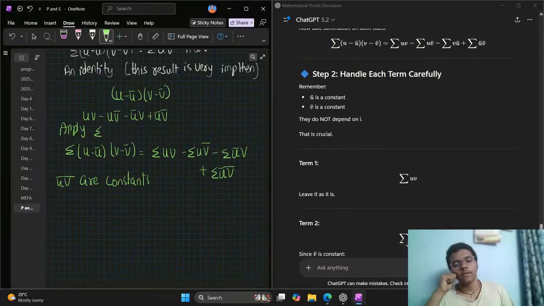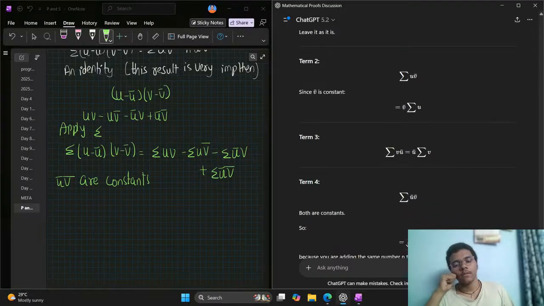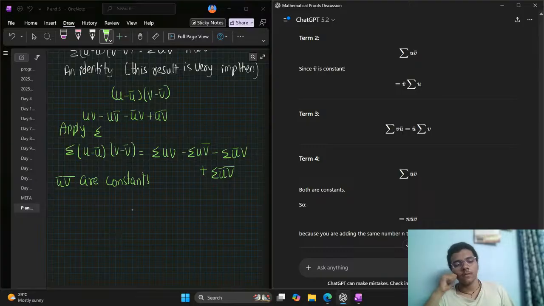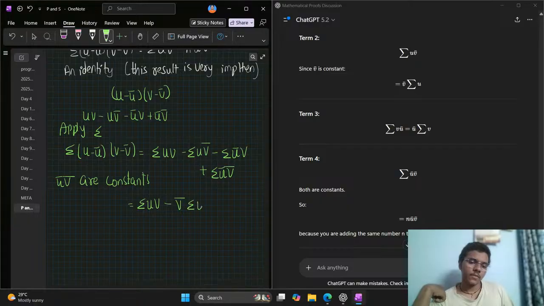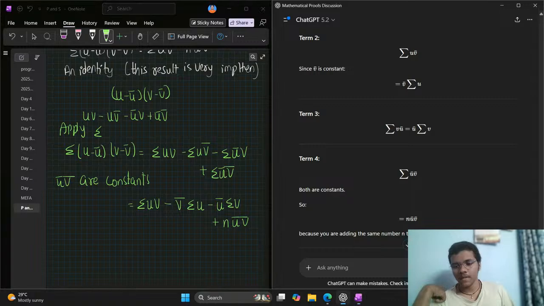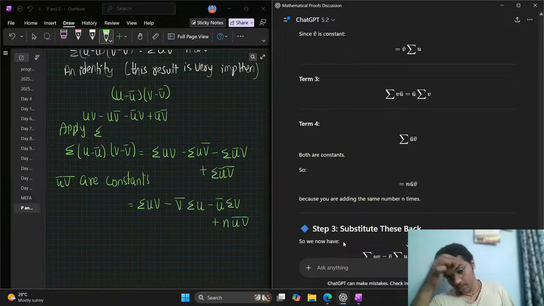Okay. So it can be written as sigma uv minus v bar sigma u minus u bar sigma v plus n u bar v bar. Basic summation rules.